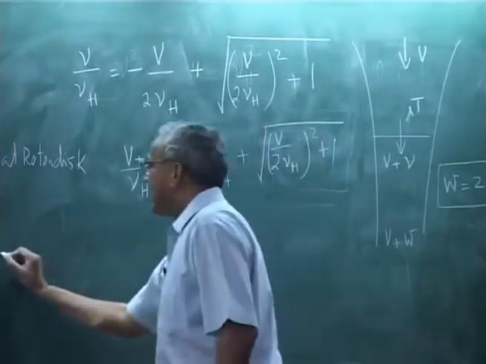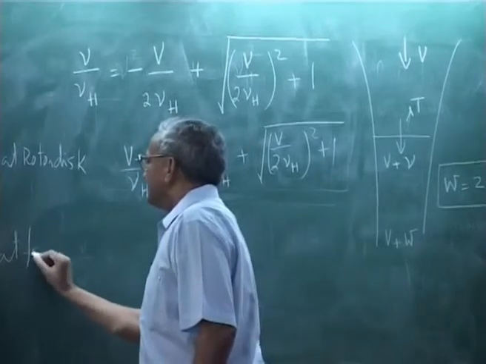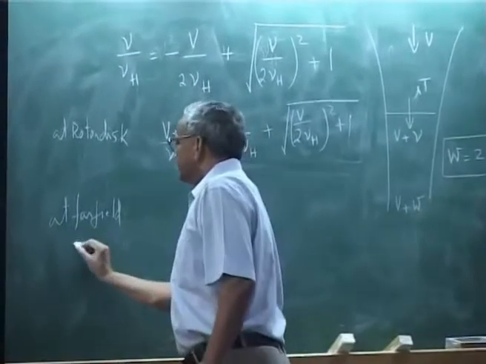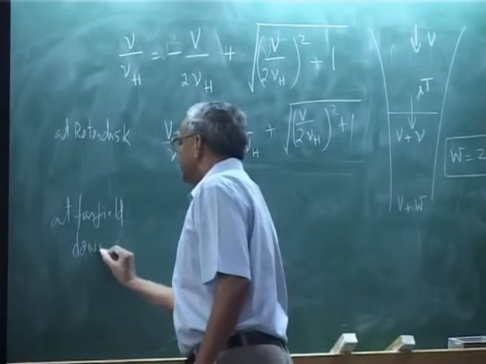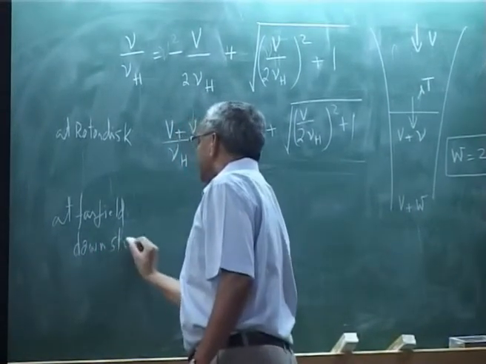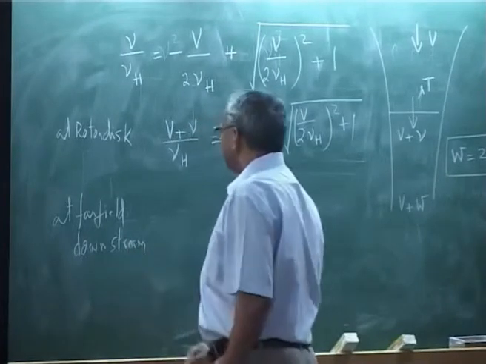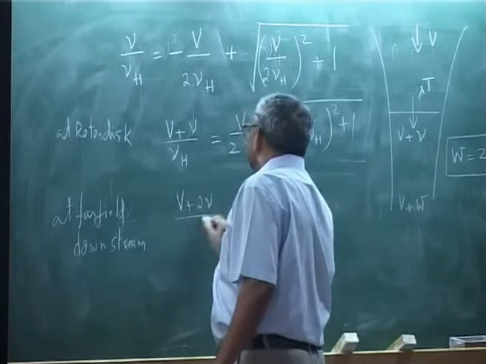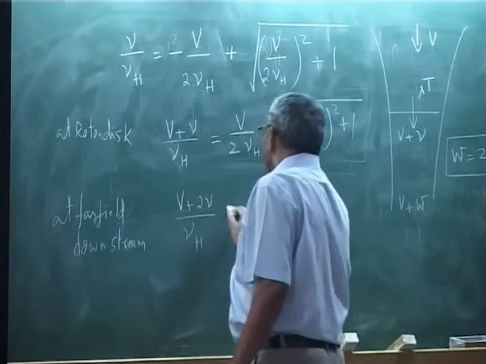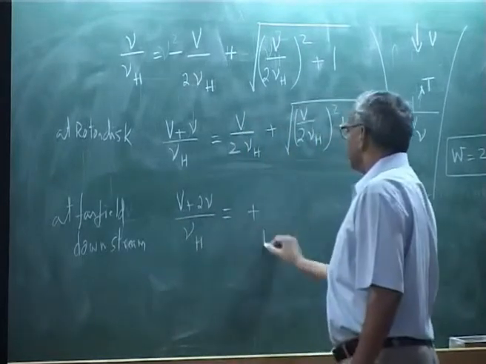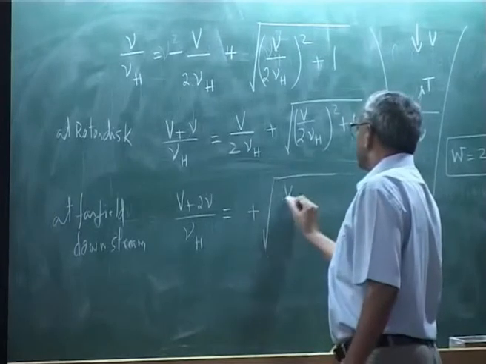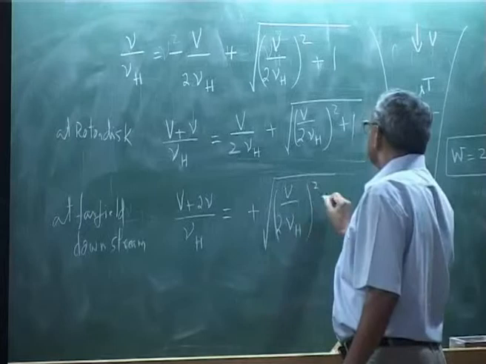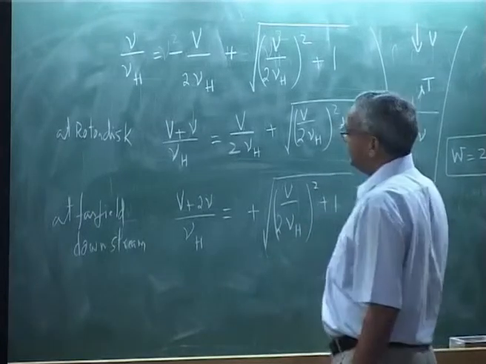So, what will happen is at far field downstream, okay, you will have V plus 2 whole square plus 1, that is all.